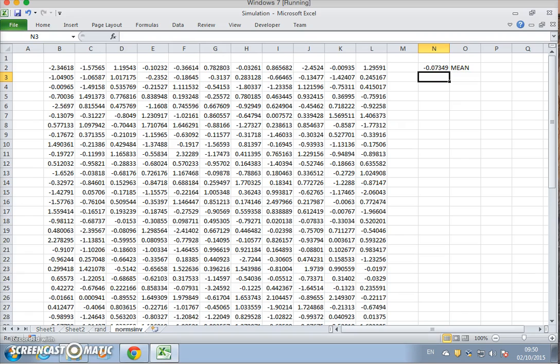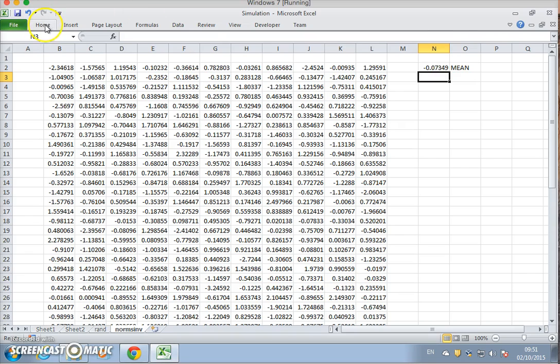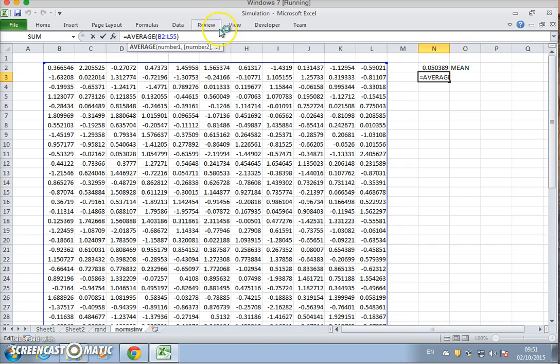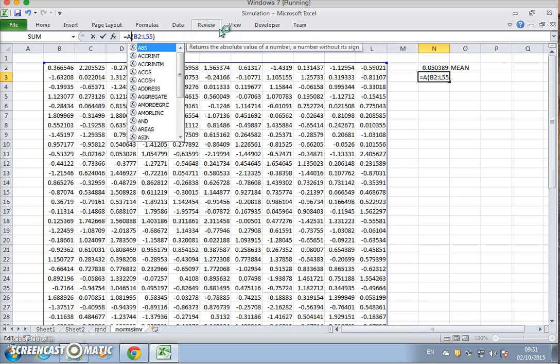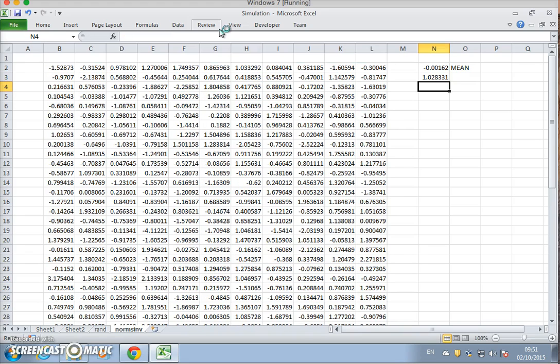And then likewise, if we take the standard deviation, we could just copy this, paste it underneath, and change the average to be STDEV, which is the standard deviation. The standard deviation generally here is going to be close to 1.